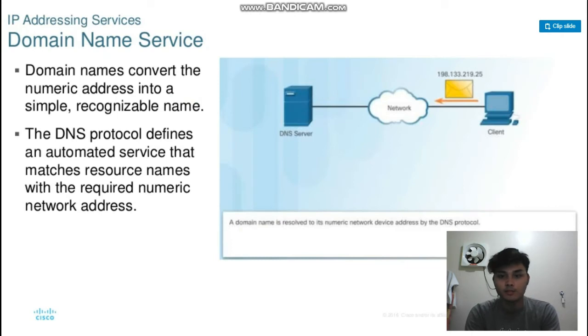So the domain name system converts the numeric address into a simple recognizable name. The DNS protocol defines an automated service that matches resource names with the required numeric network address.